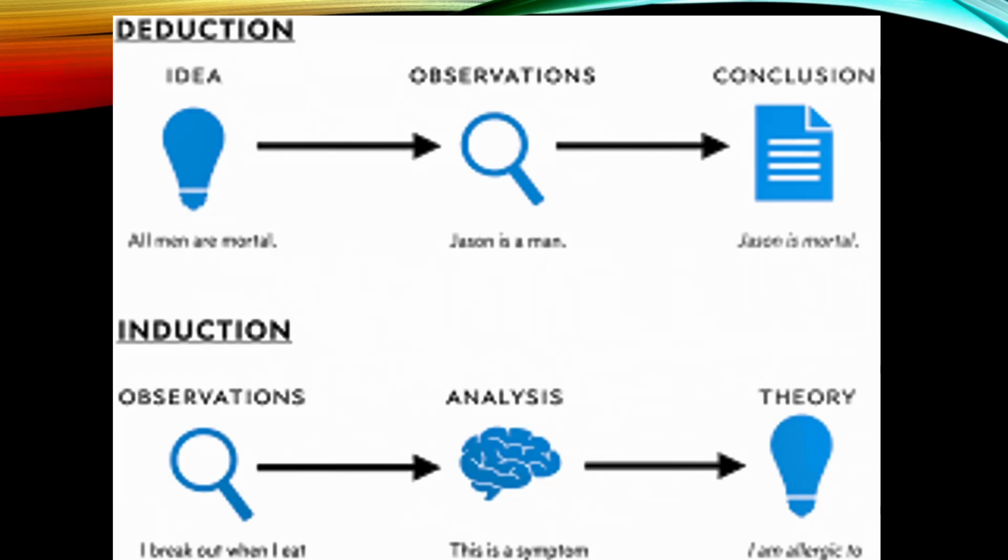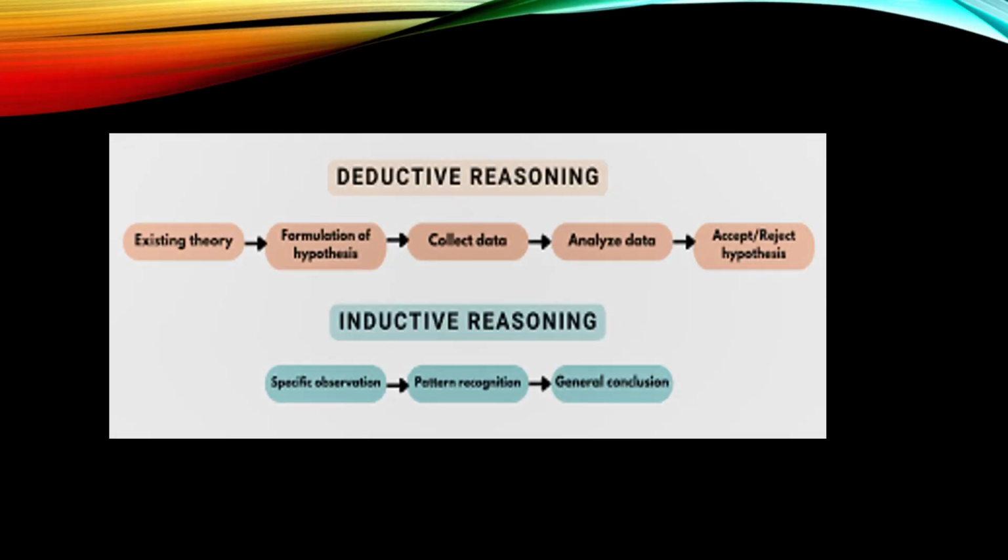Saying about induction theory, we are observing that when I eat mutton, I face some problems. So I conduct an analysis. I am allergic. That was my analysis. On the basis of the former two, that is observation and analysis, I developed a theory: I am allergic to mutton. This is induction theory.